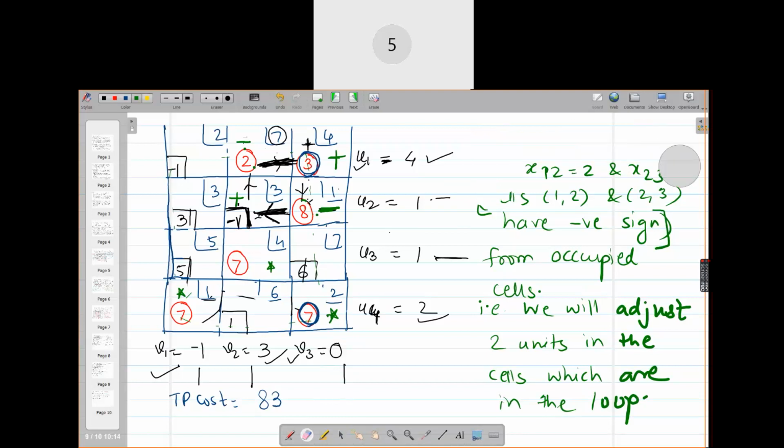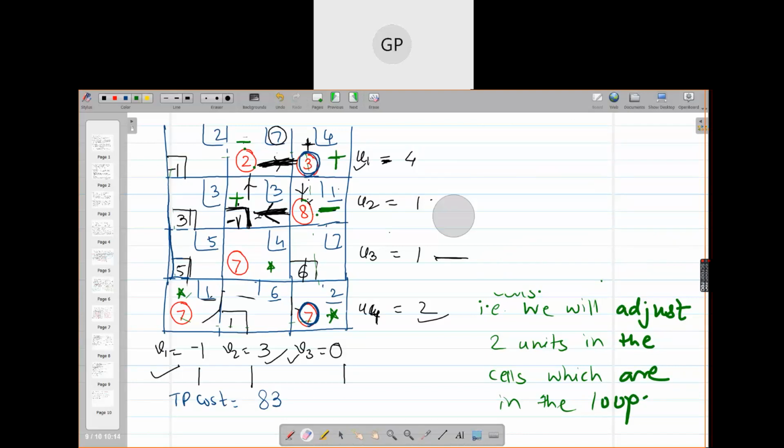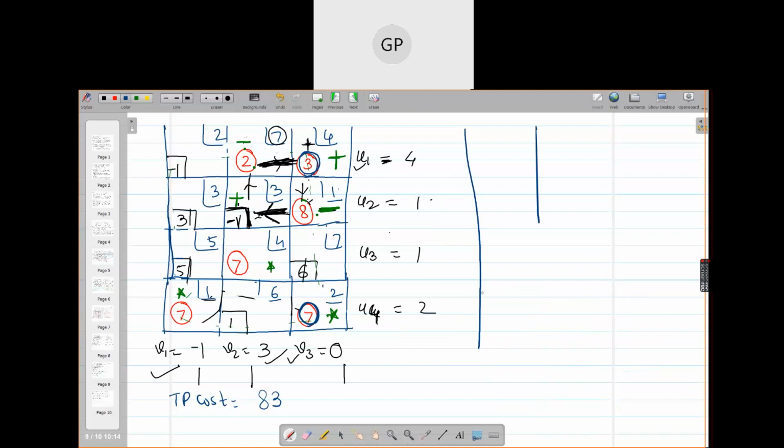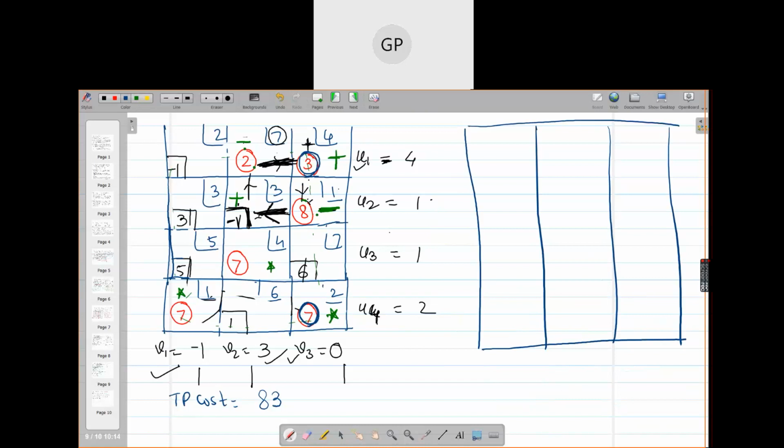And here again I will make a new table. Okay. And we will adjust so that you will understand the difference. We have 1, 2, 3, and 4.